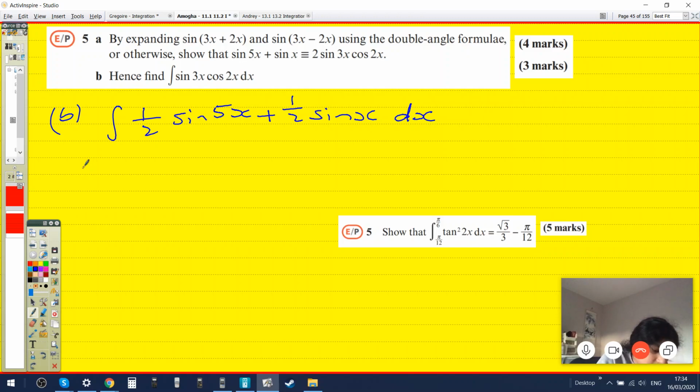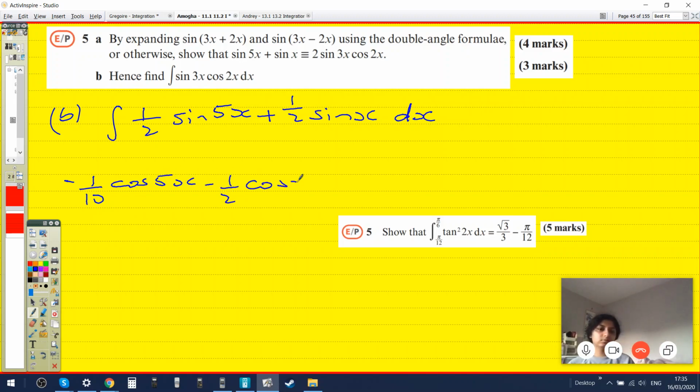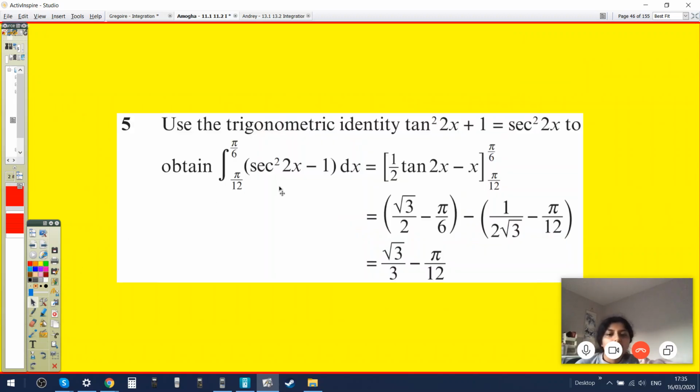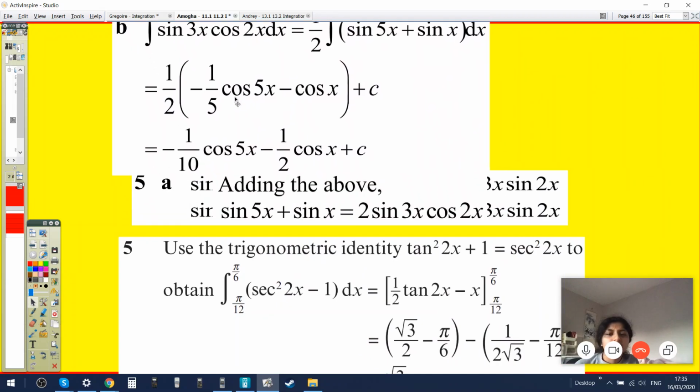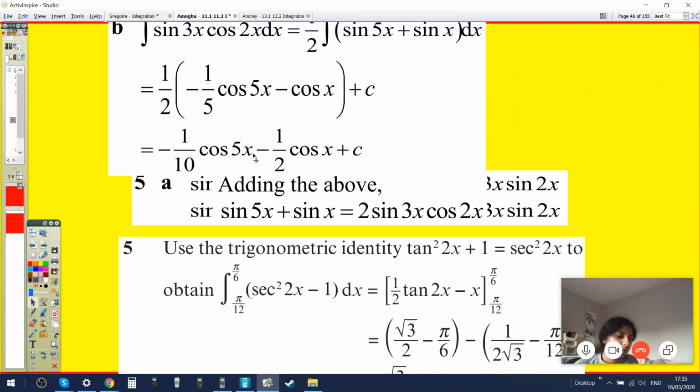So I got minus 1/10 cos 5x minus half cos x plus c. Looks correct to me. Minus 1/10 cos 5x minus a half cos x plus c.